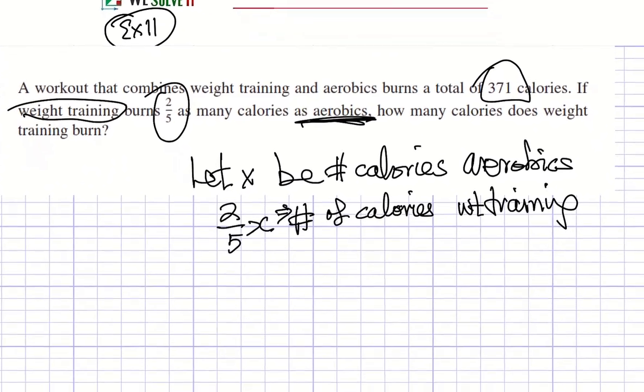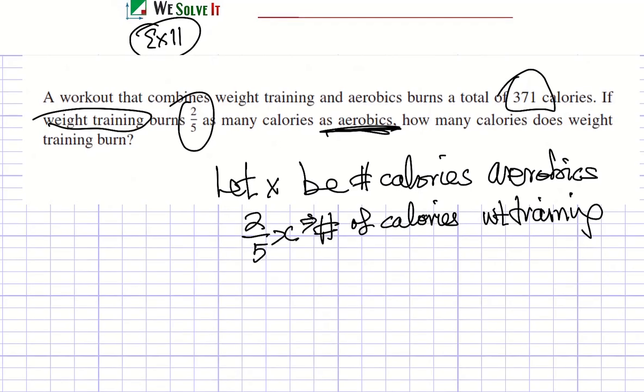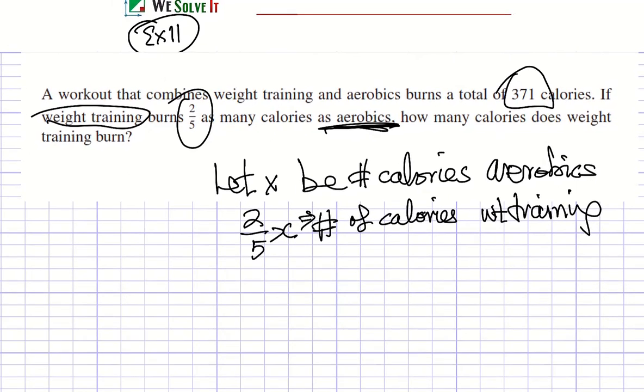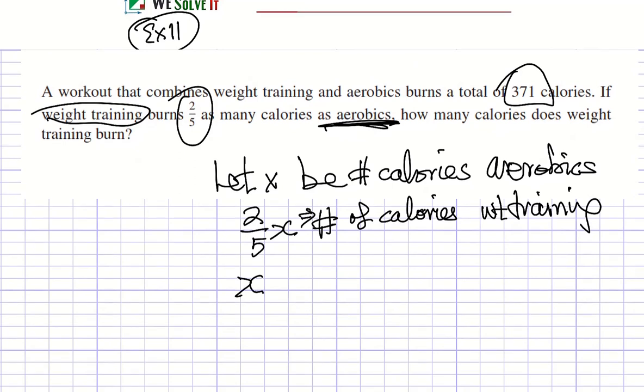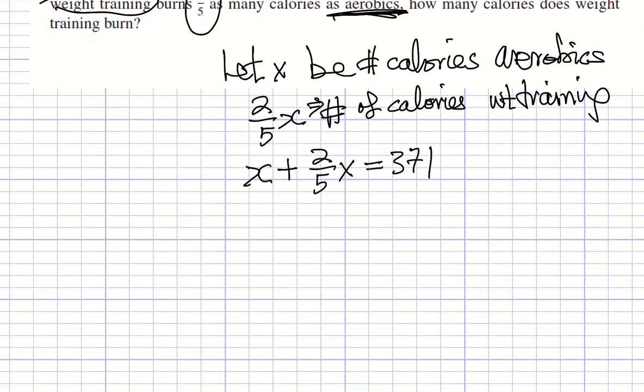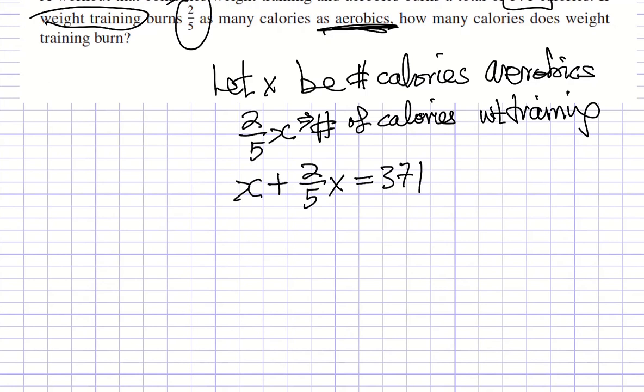So then what we'll have here is X plus 2 over 5x is equal to 371. That's what that's saying. If we equate that, then we'll solve for x. Let me write this the way we normally do.